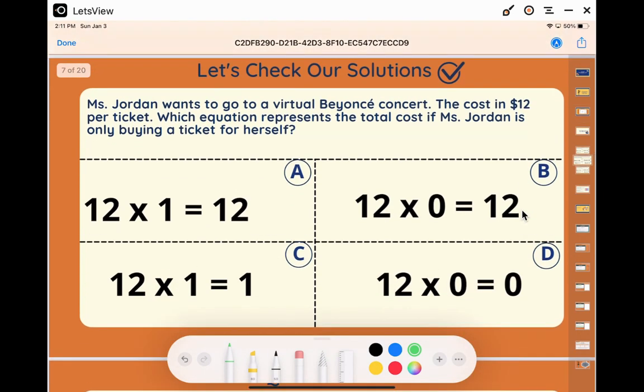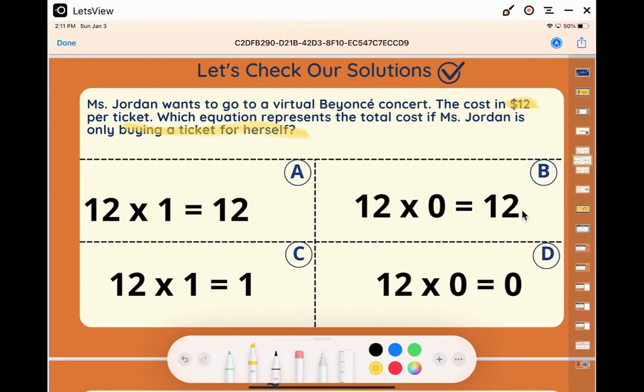All right, guys, let's check those answers. Well, this question goes back to one of those identity properties. Miss Jordan wants to go to this concert. The cost of the ticket is $12. Miss Jordan is only going to the concert or only buying a ticket for herself.